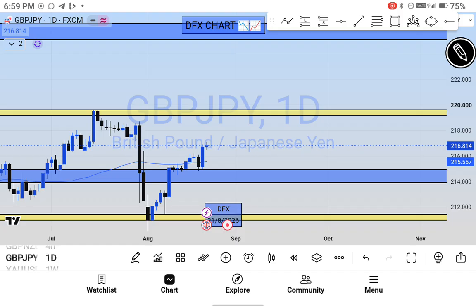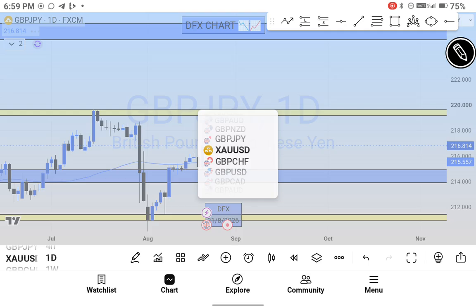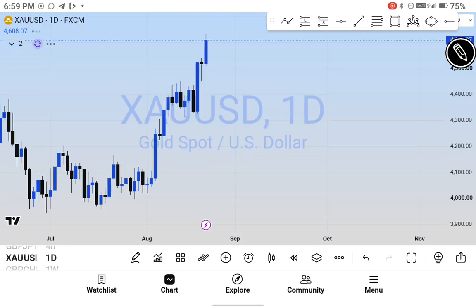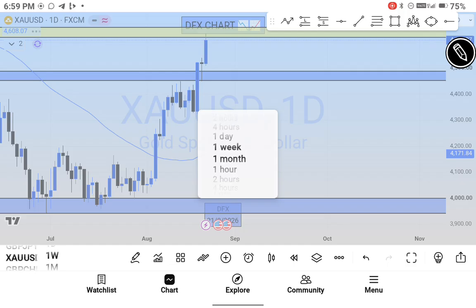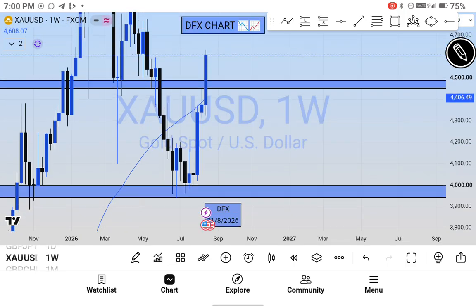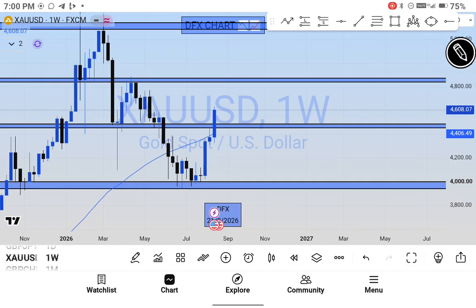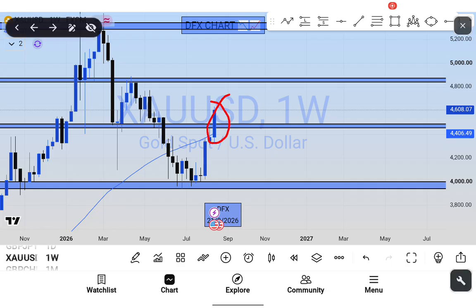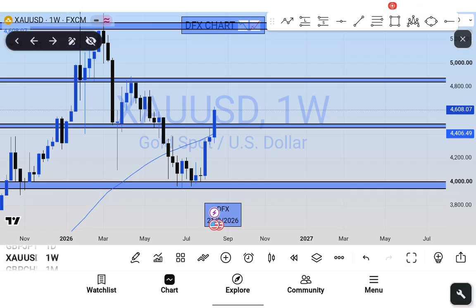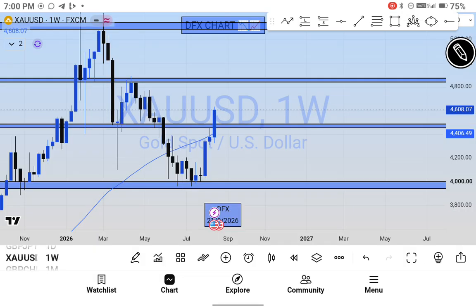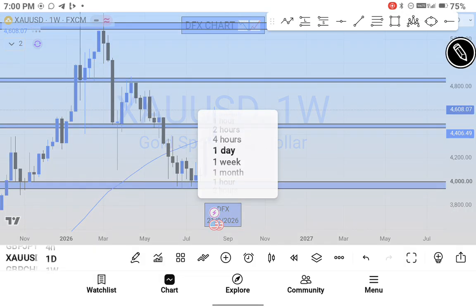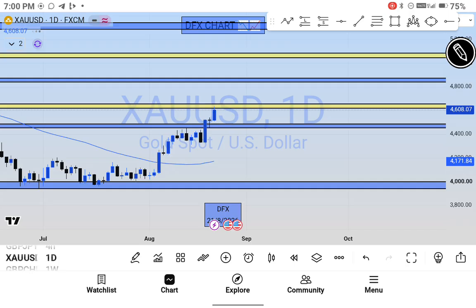Right, so the last one is going to be XAU USD. Now XAU USD on a weekly time frame, we just have a candle closing above a weekly key level, and we know the price moves from key level to key level, right? So we expect the price to continue moving to the upside, right? So on a daily time frame, what do we have now?